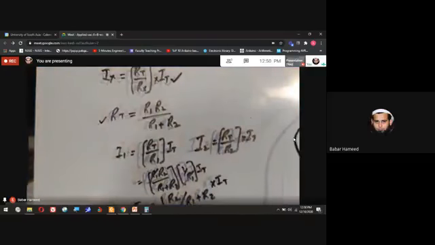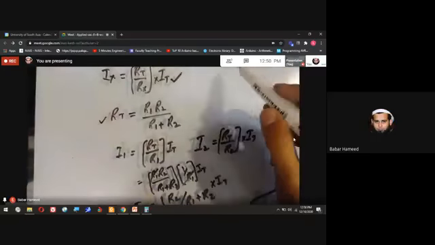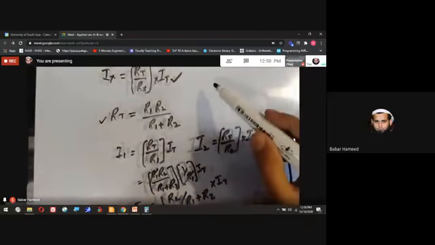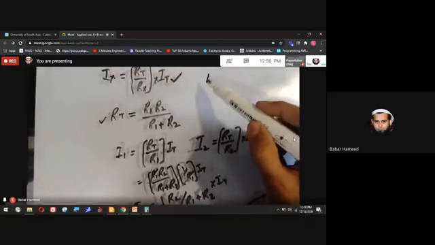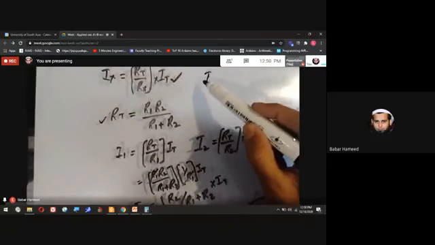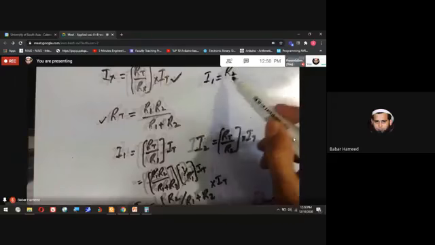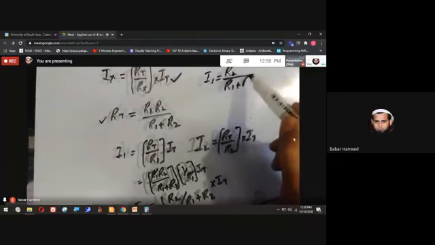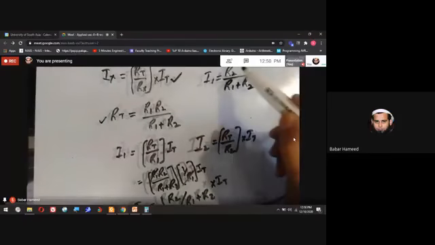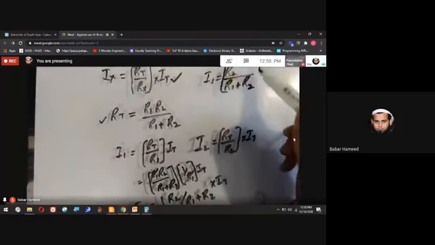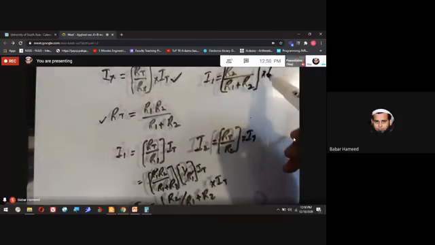So the formula of I1, I have to write it again: I1 is equal to R2 over R1 plus R2 times IT.